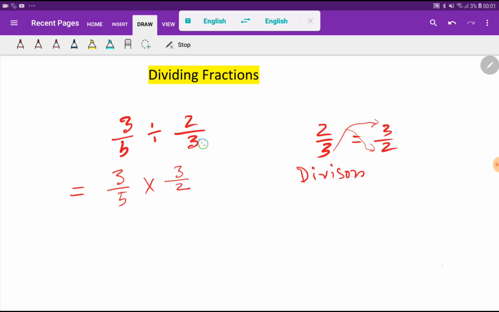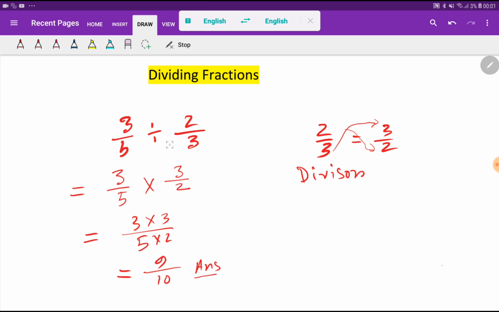You just have to flip the numerator and denominator. Now we just have to multiply. To multiply fractions, what do we know? We know that we have to multiply numerator to numerator and denominator to denominator. So basically we are getting 9 over 10. So this is the answer, right?